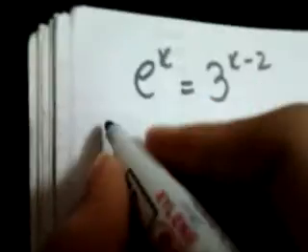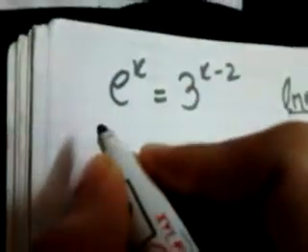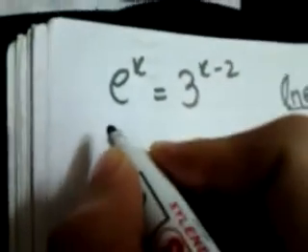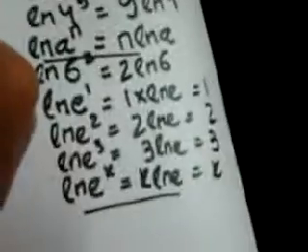Okay. So why is it most likely that we have to use ln? So we can use these properties here. So taking ln on both sides, we get ln of e to the power x equals ln of 3 to the power x minus 2. This is simply x from here. What's this? x is a number, therefore x minus 2 is also a number.